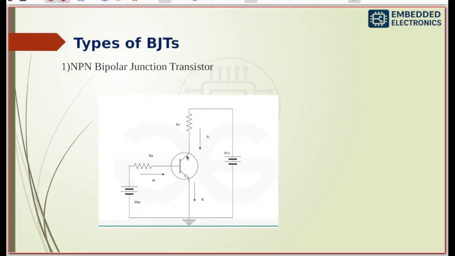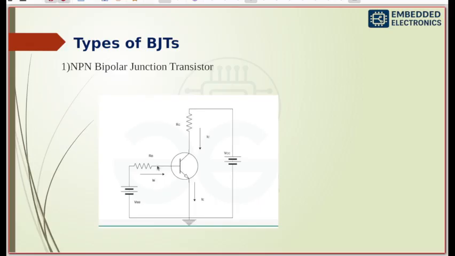Because of forward bias, many free electrons move from the emitter to the base. This flow of electrons forms the emitter current. Remember, conventional current direction is opposite to the electron flow. Some electrons combine with holes in the base. The recombination forms the base current.